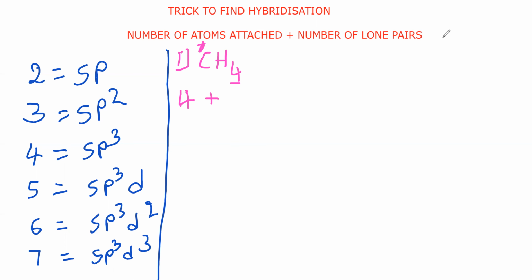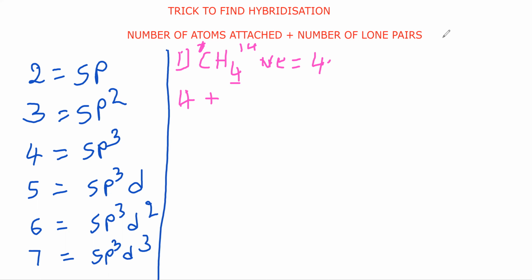How to calculate the number of lone pairs? You see which group the central atom belongs to. Carbon belongs to group number 14, so 4 valence electrons. All 4 are involved in bond formation.